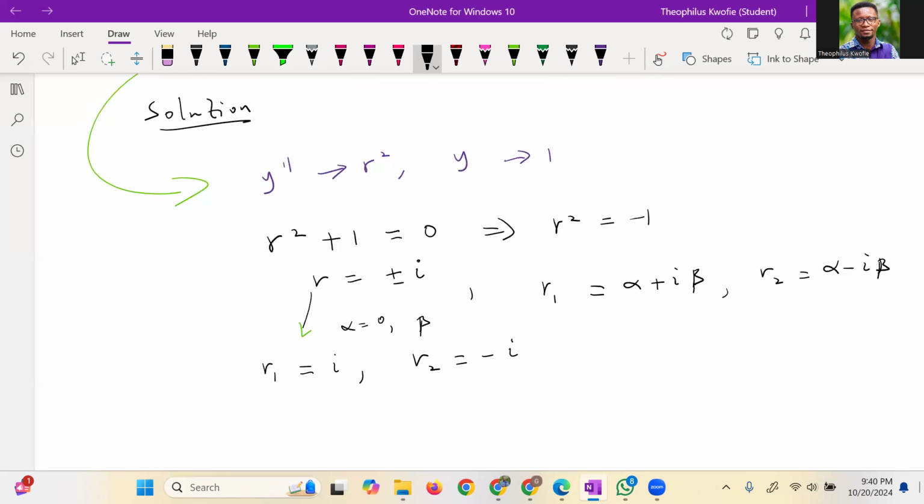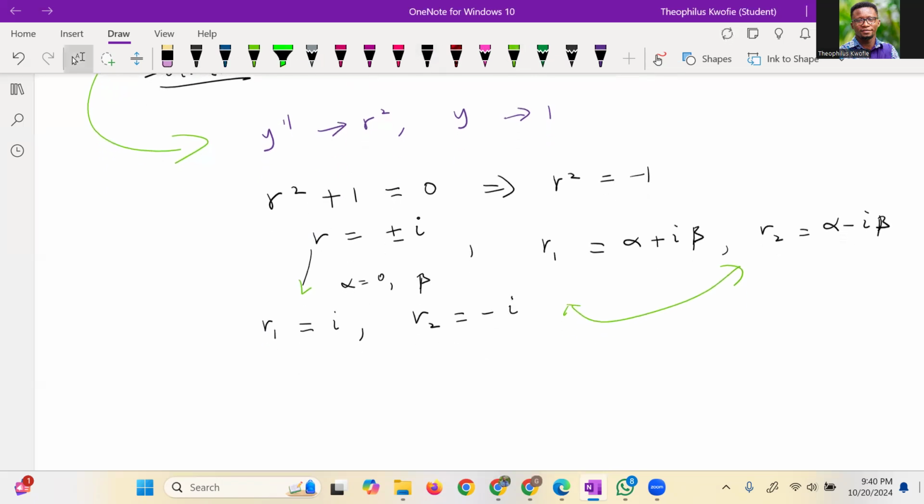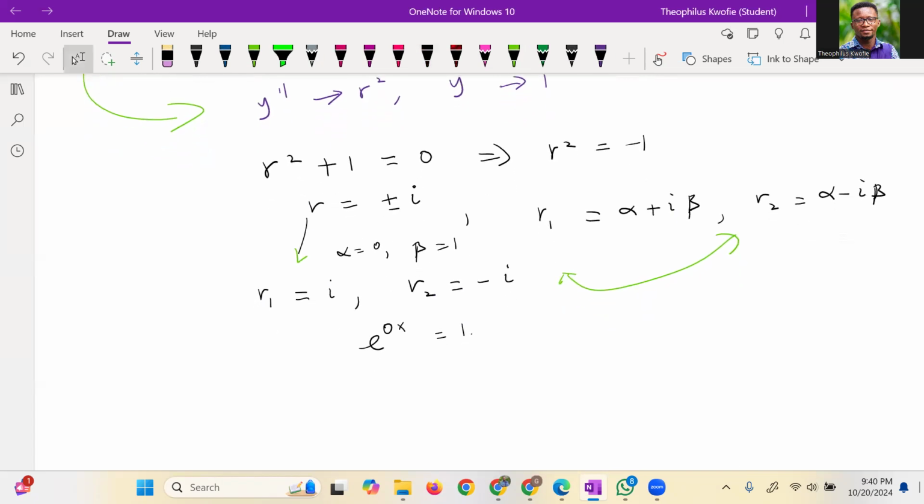Does that make sense? So we are just using this. Does that make sense? And also note that e to the power 0x is 1.